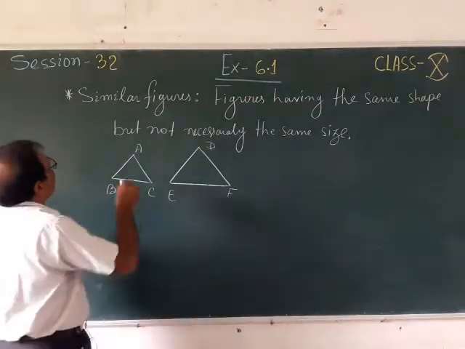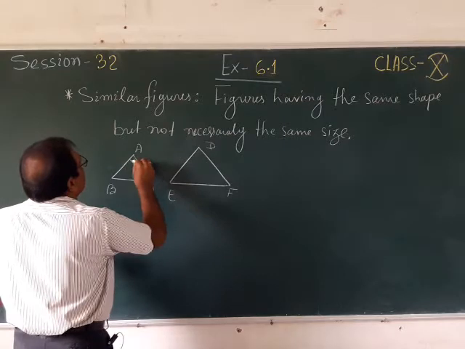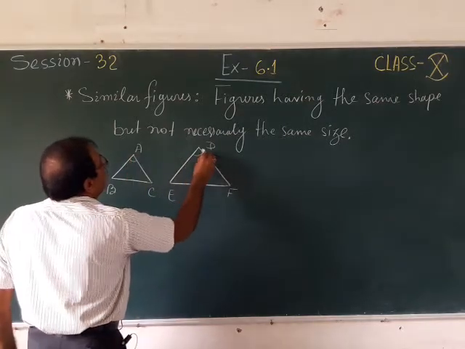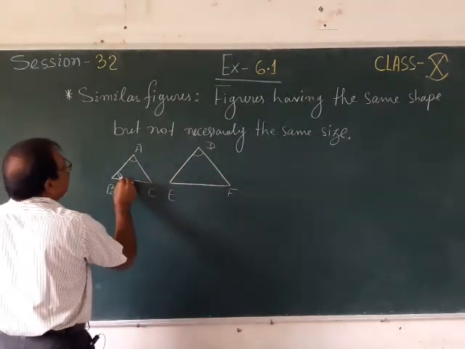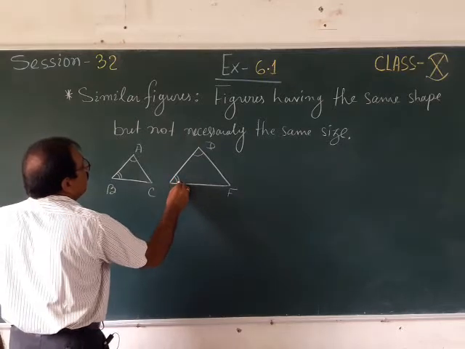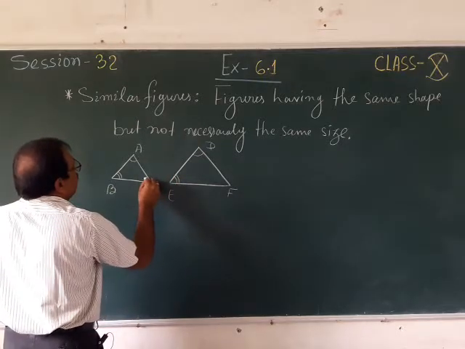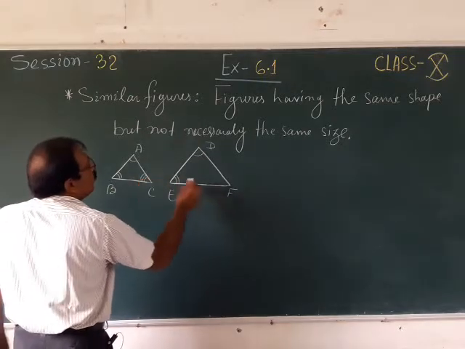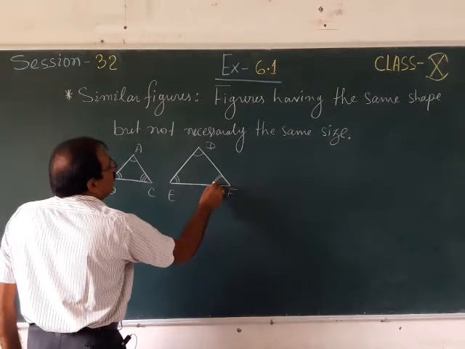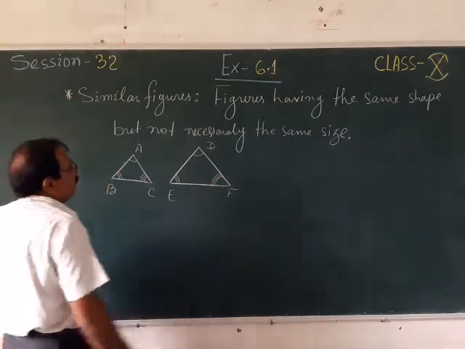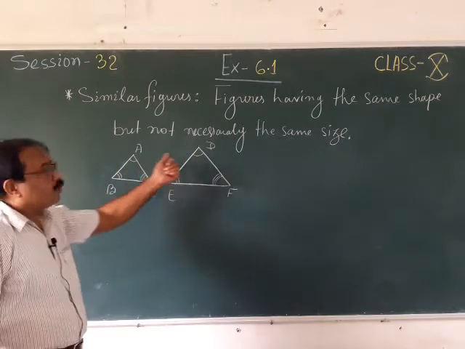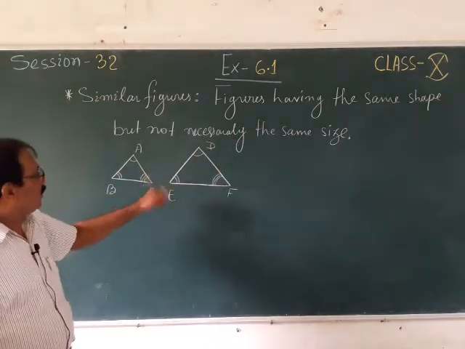If I am telling angle A is equal to angle D, angle B is equal to angle E, and angle C is equal to angle F, that means the corresponding angles are equal here.